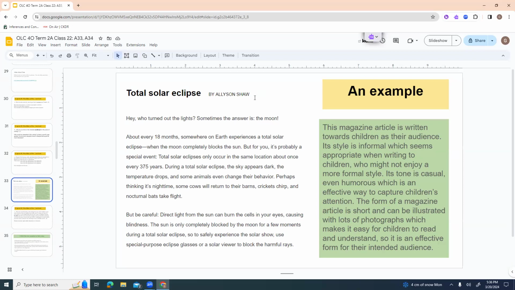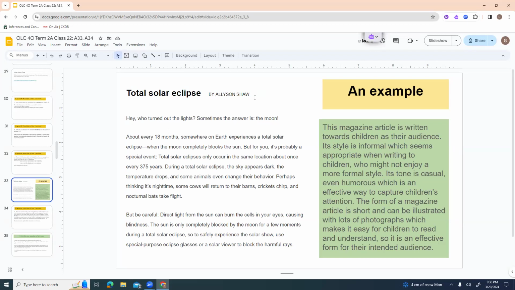Direct light from the sun can burn the cells in your eyes, causing blindness. The sun is only completely blocked by the moon for a few moments during a total solar eclipse. So, to safely experience the solar show, use special purpose eclipse glasses or a solar viewer to block the harmful rays.